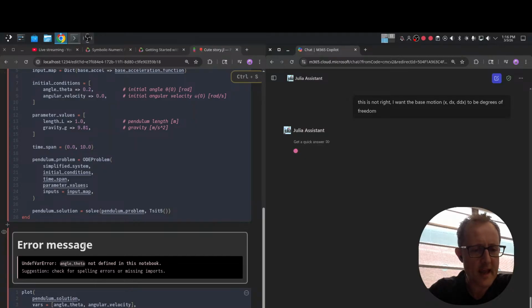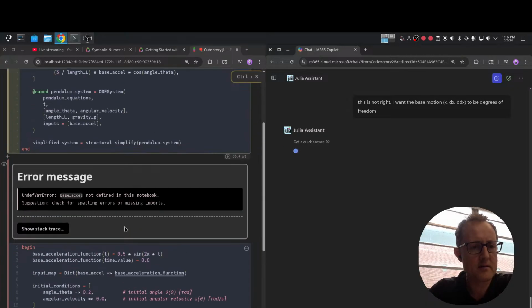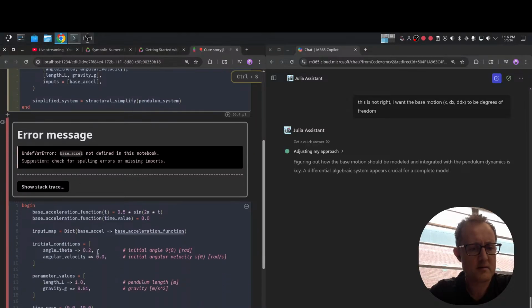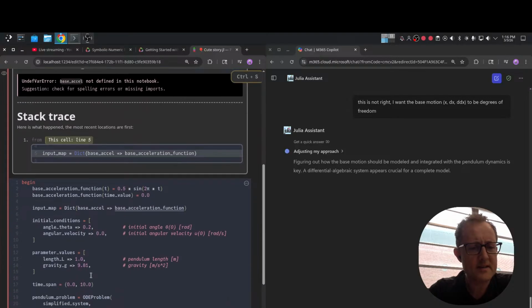And then angle theta, why is angle theta not defined? Probably because this one is not defined. Why is it saying this?